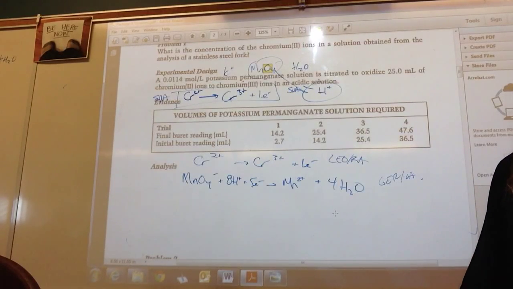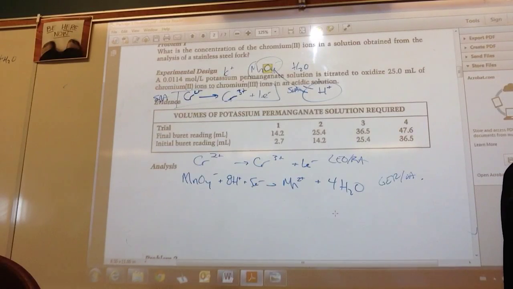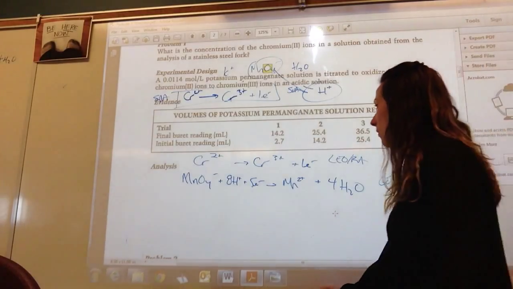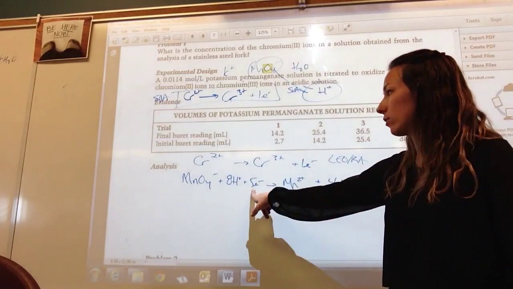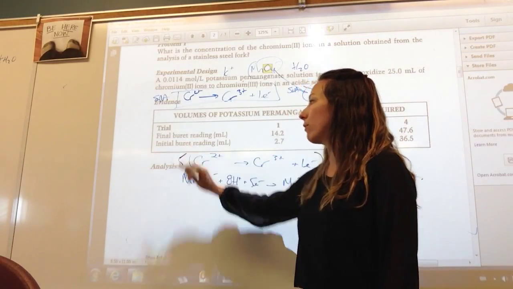List your species, strongest, write them beside each other. What was the next step that we had to do after we wrote down our half reactions? Make the net reaction. Balance the electrons. So I've got 1 electron here and 5 electrons there, so I need to multiply this by 5.